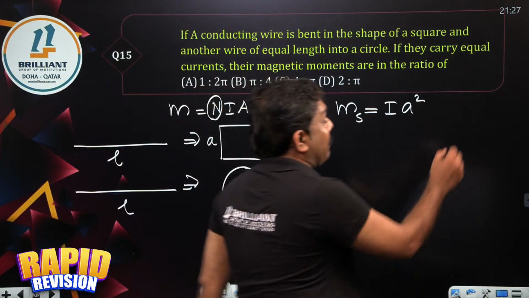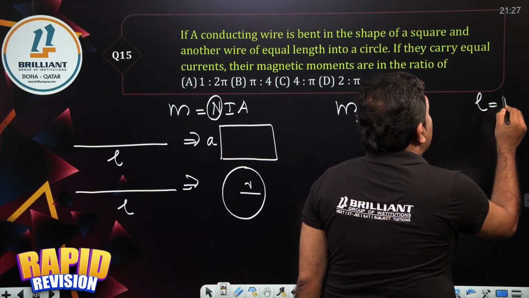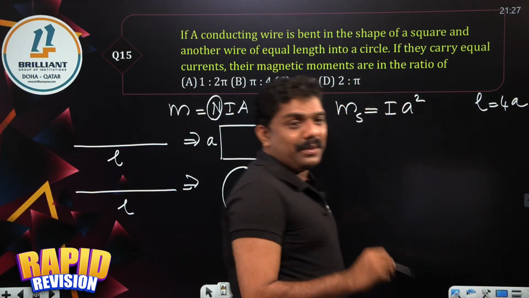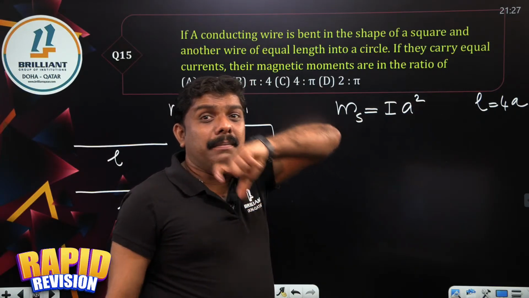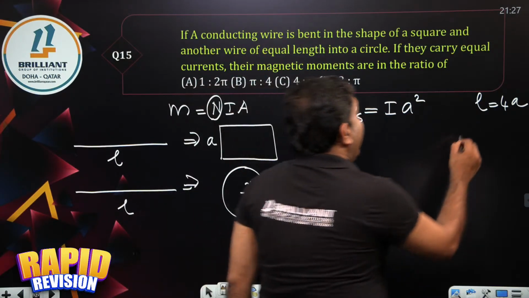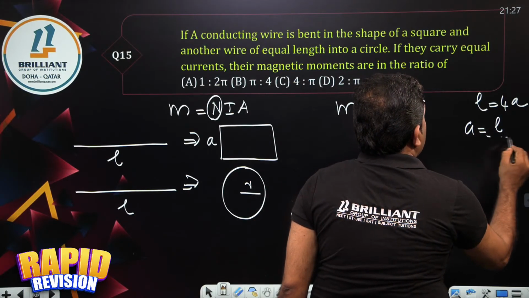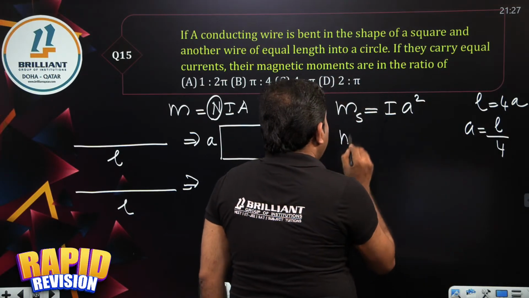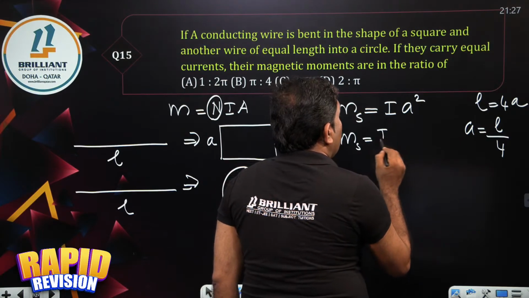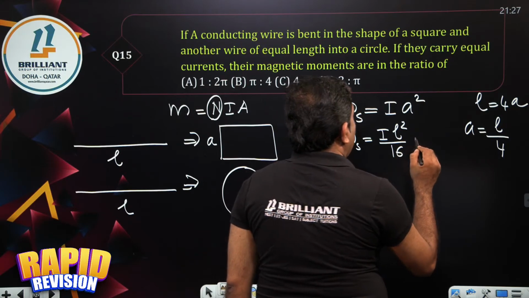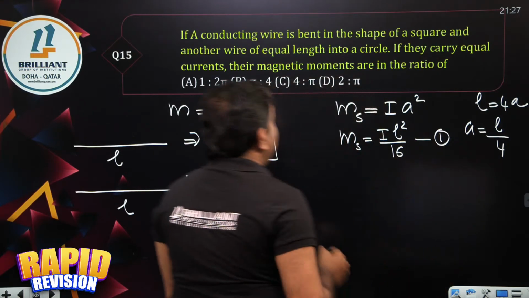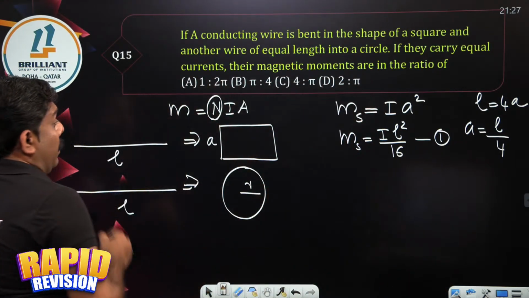L becomes 4A, because the length becomes the circumference. So A equals L by 4. So MS is equal to I A square, which is I L square by 16. That is the magnetic dipole moment of the square.